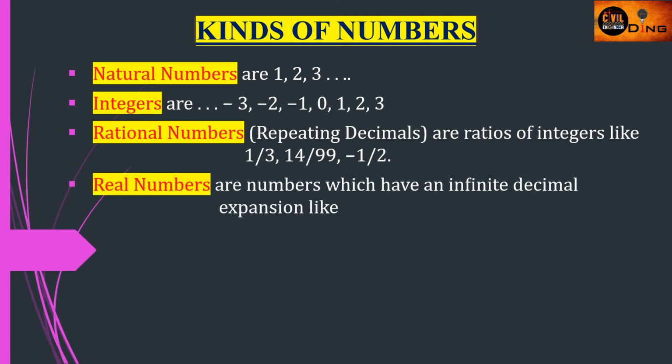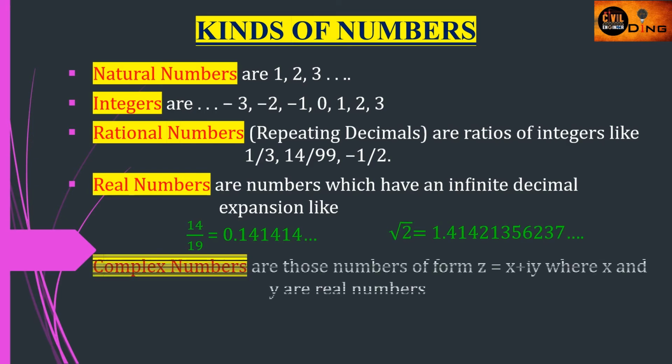Real numbers are numbers which have an infinite decimal expansion, like 0.14141414. Complex numbers are those numbers of form z equals x plus iy, where x and y are real numbers.